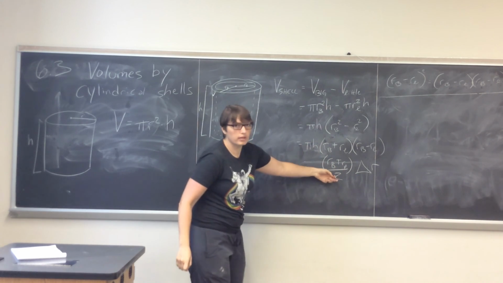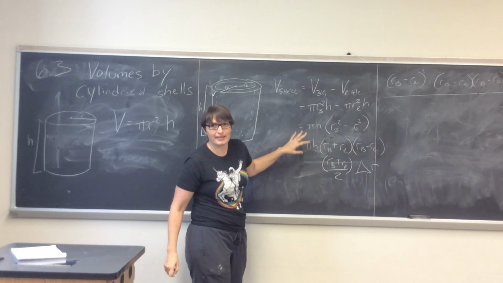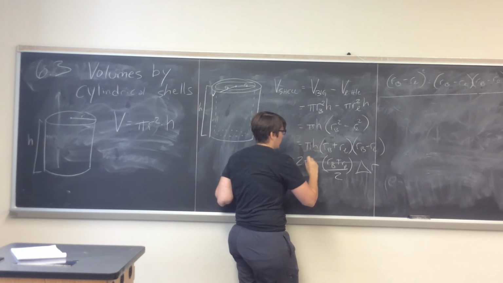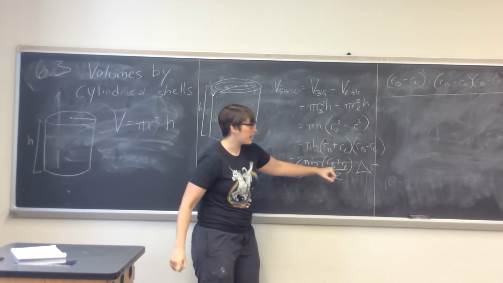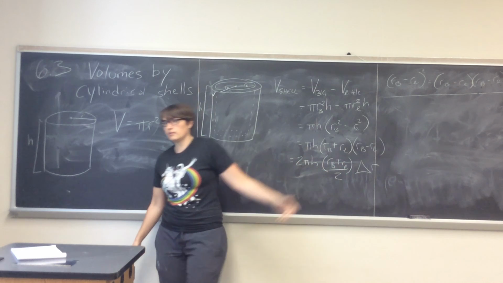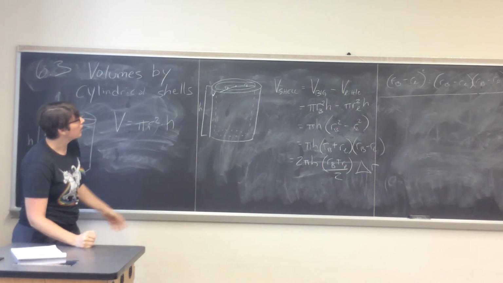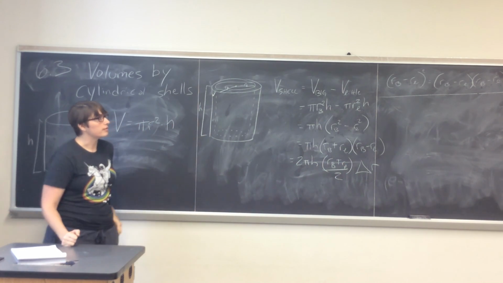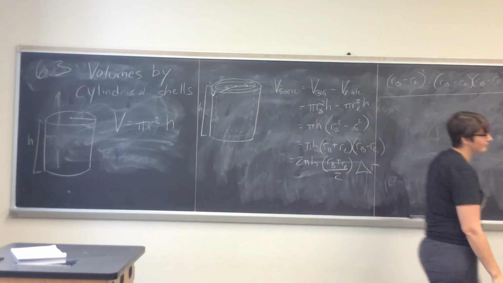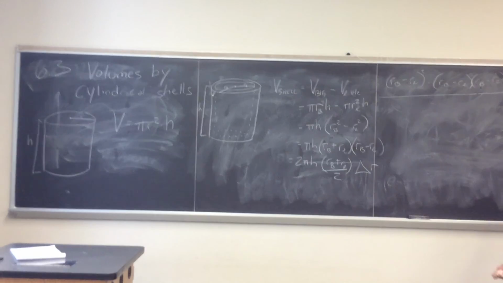If I divide by 2 here, and I want this to be the same thing as this, I also have to multiply by 2. So 2 pi h times the average of the radiuses times the difference of the radiuses. Okay? If I wanted to find the volume of the shell. There's no integrals yet. Gotta get some integrals in here somewhere, guys.